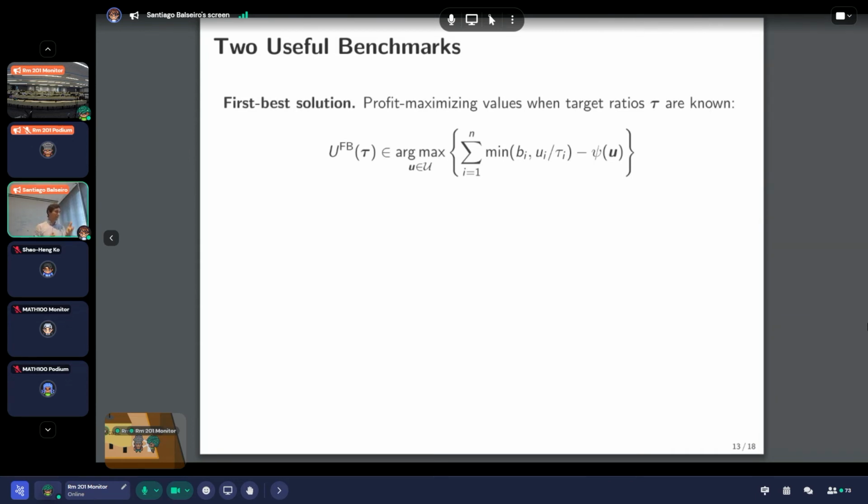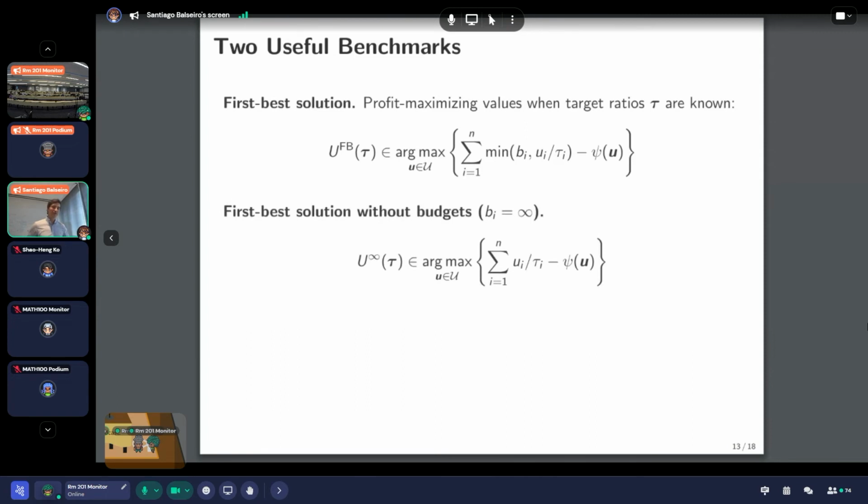So if you know the target, for each target, you're going to pick the optimal utility levels to maximize payments minus the cost. And the other solution that is relevant for us is the one without budget constraints. If budgets are infinity, then the budget term will disappear, and then the payment should be just the ratio of expected values to target minus the cost.